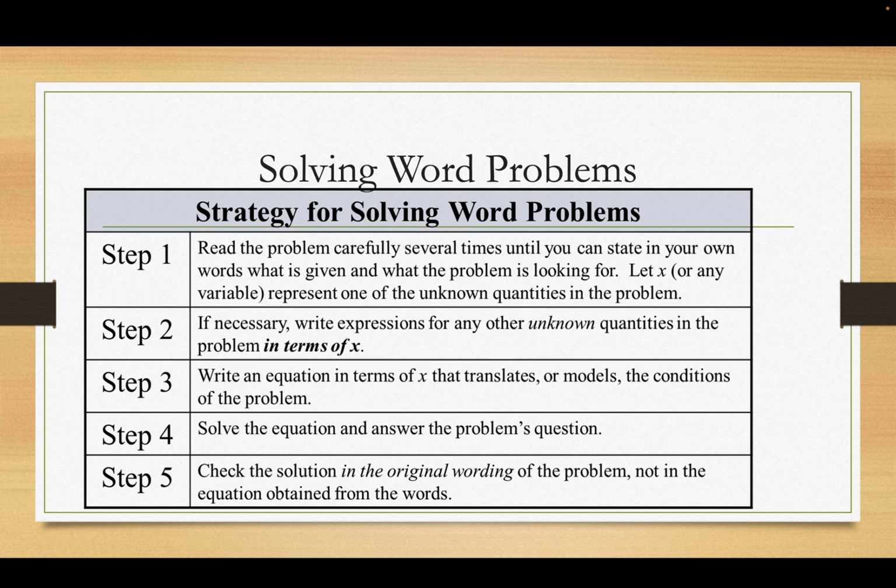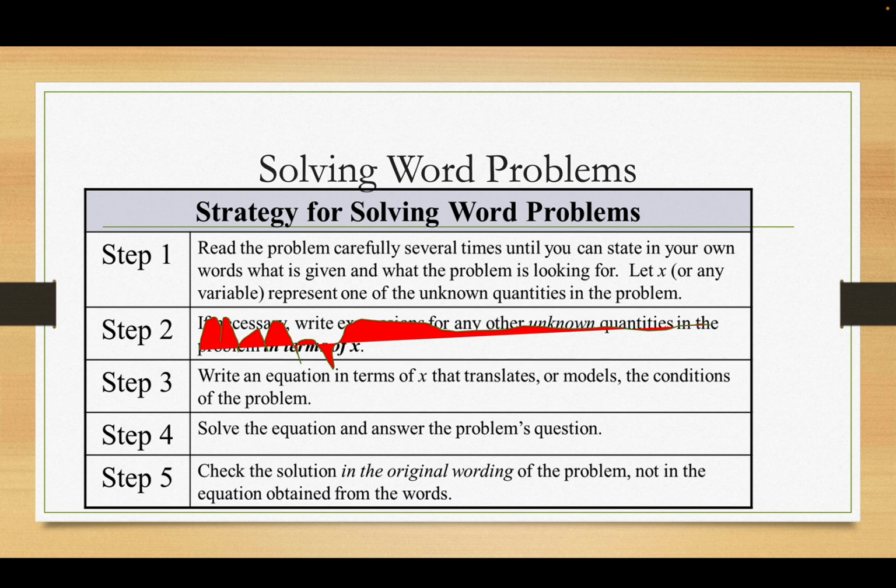So the first thing we always want to do is read the problem carefully. You can read it once or twice, whatever you want to do. And then the next thing you want to do is underline all of the important things. Very important to underline, and they don't put it as a step here, but you want to underline all of the important things in the problem.